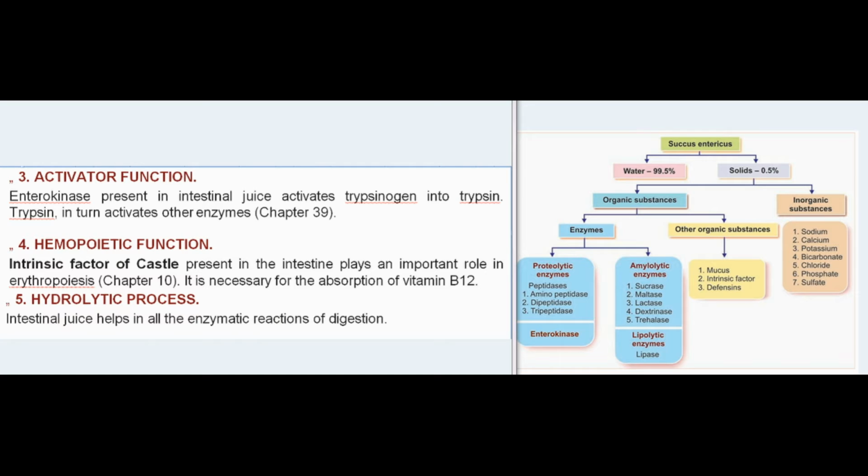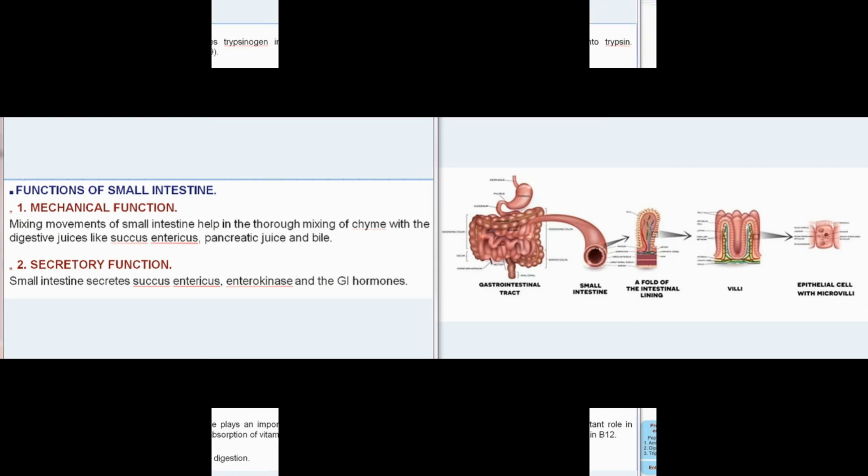Enterokinase present in intestinal juice activates trypsinogen into trypsin. Trypsin, in turn activates other enzymes, chapter 39. 4. Hemopoietic function. Intrinsic factor of Castle present in the intestine plays an important role in erythropoiesis, chapter 10. It is necessary for the absorption of vitamin B12. 5. Hydrolytic process. Intestinal juice helps in all the enzymatic reactions of digestion.